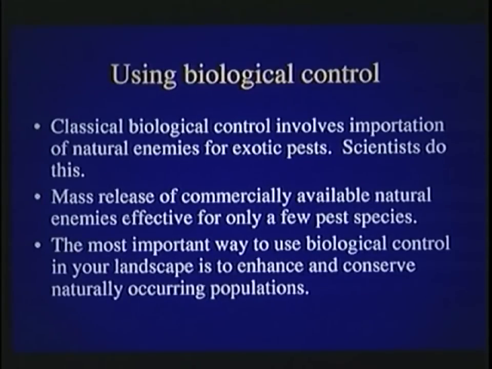Classical biological control, the first one, is when we bring in natural enemies from another country to control our pests. Most of our plant species that we grow in our gardens did not originate in California. Some of them did, but many of them came from Europe or Asia or Australia.